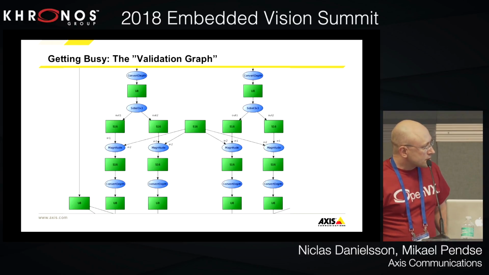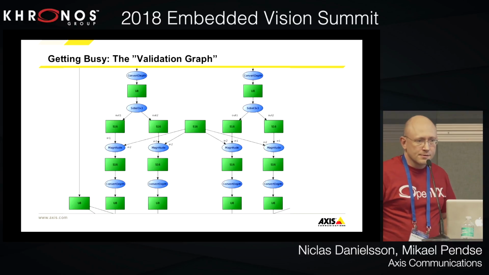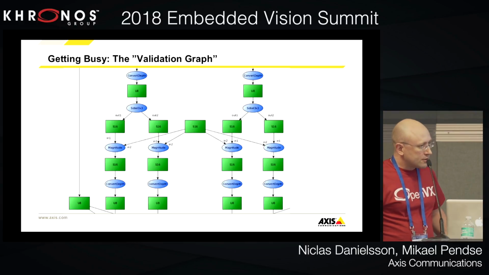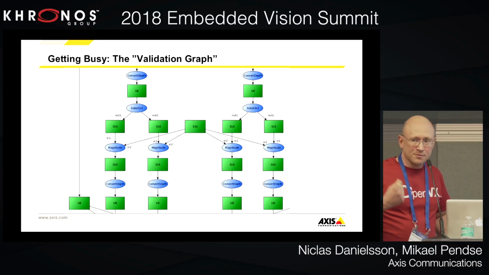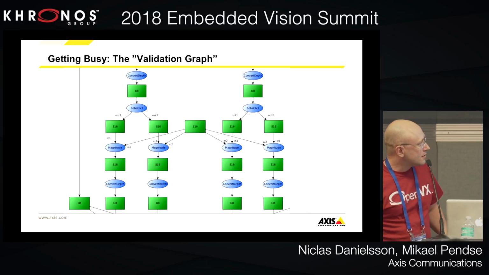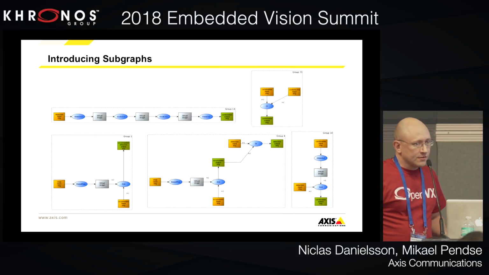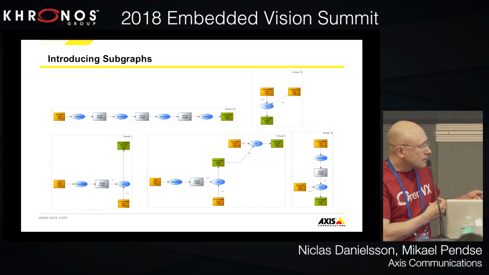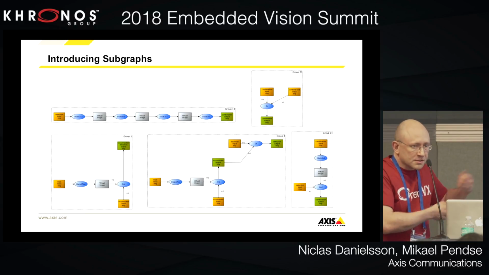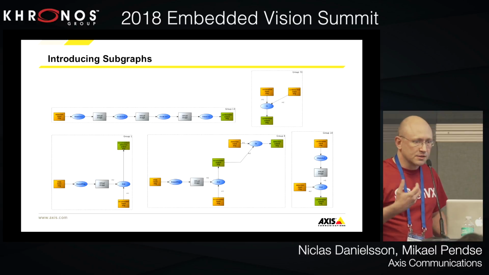But so that's pretty good. But then we thought, we have very large graphs at Axis. Yeah, I'm almost done. So we also tried to invent a concept called subgraphs. Many of the graphs were constructed from smaller pieces that were repeated many times, and so we had a system where you could loop and set them up and expand them into a big graph.